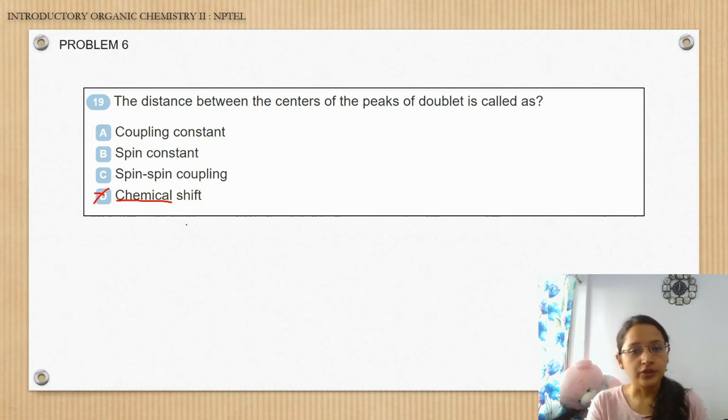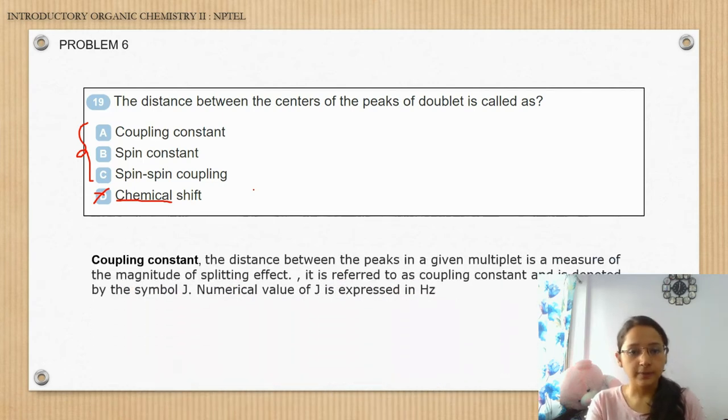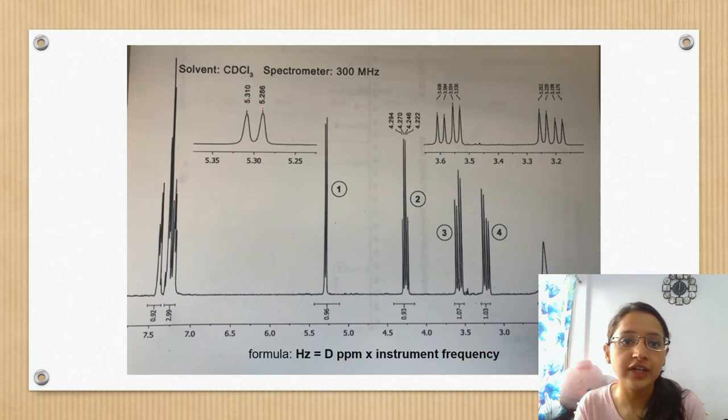Now we have to discuss which of the remaining three is the correct option. Coming to the coupling constant, here we have an example of a doublet, and we consider the distance between its two peaks. The chemical shift values at this doublet are 5.310 and 5.286.